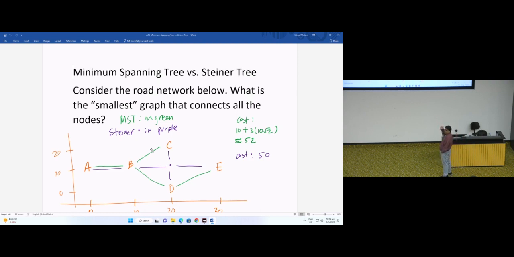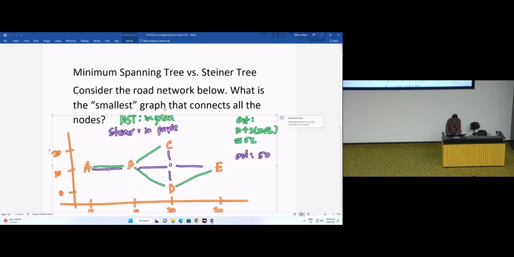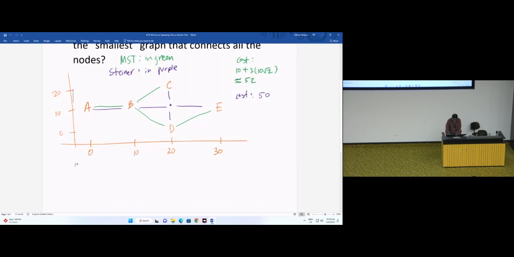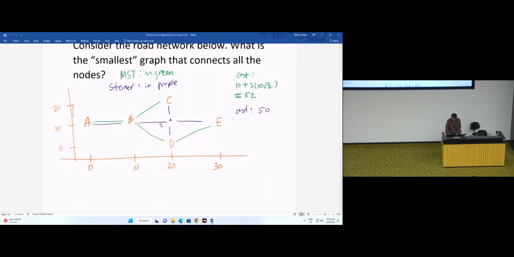It doesn't matter. For the moment, let's ignore these things for now. Let's say you just have the 5 nodes, the 5 cities, the 5 routers, and you want to build links or you want to build roads.